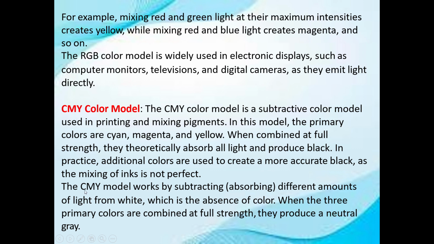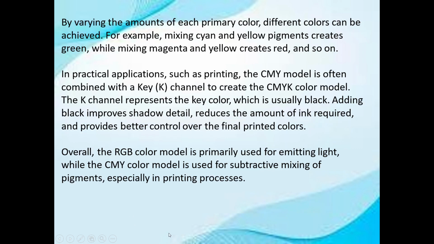The CMY model works by subtracting different amounts of light from white, which is the absence of color. By varying the amount of each primary color, different colors can be achieved. For example, mixing cyan and yellow pigment creates green, while mixing magenta and yellow creates red, and so on.